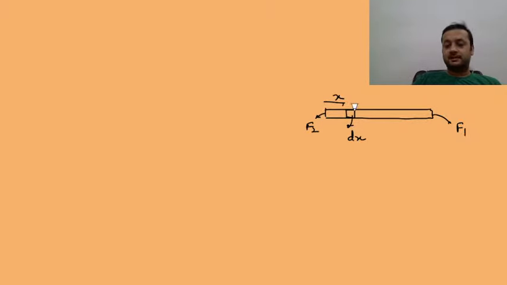Let's say the elongation in this element is dl. So the strain would have been dl by dx. Young's modulus Y multiplied by the strain would have been equal to the tension at this location divided by the cross-sectional area, right?